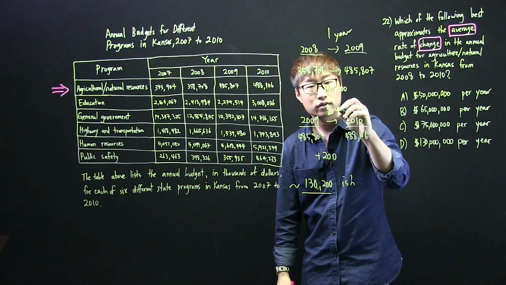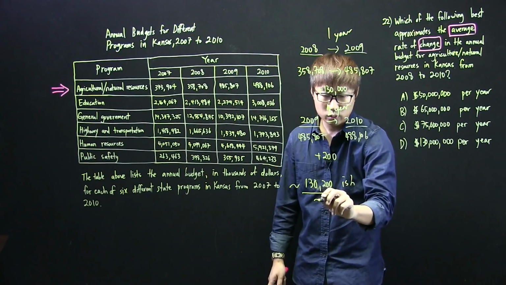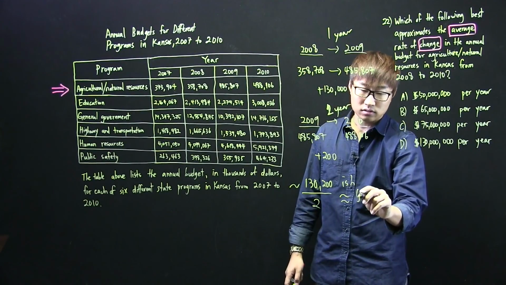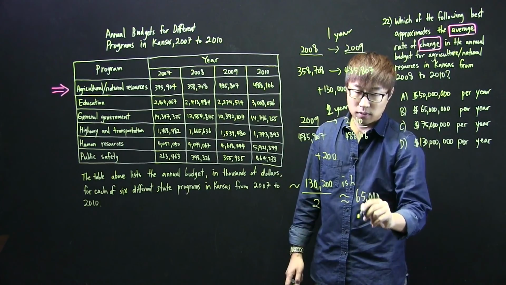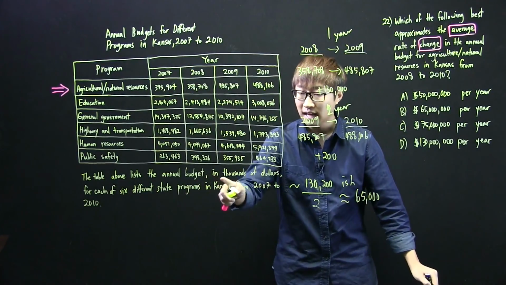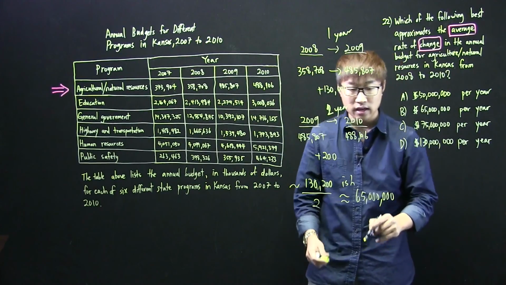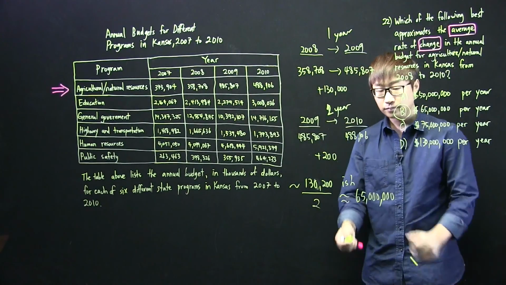So we have a total of 2 years. So we'll divide by 2, which would give me roughly about $65,000. But once again, all the numbers on the table are in thousands of dollars, so I'll add the extra 3 zeros at the end, which leads to my answer choice B.